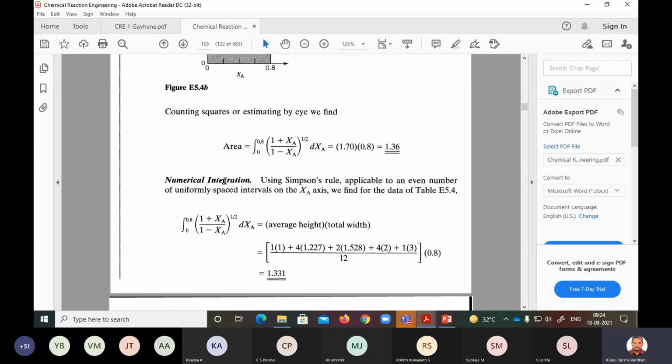You can do a numerical integration also by using Simpson's rule. I don't think you require me to tell about what is Simpson's rule. Simpson's rule again, there will be 1 plus 4 times, 2 times, all that you have to calculate, and then you can calculate this entire integration. This is by using Simpson's 1/3 rule or whatever it is, right?